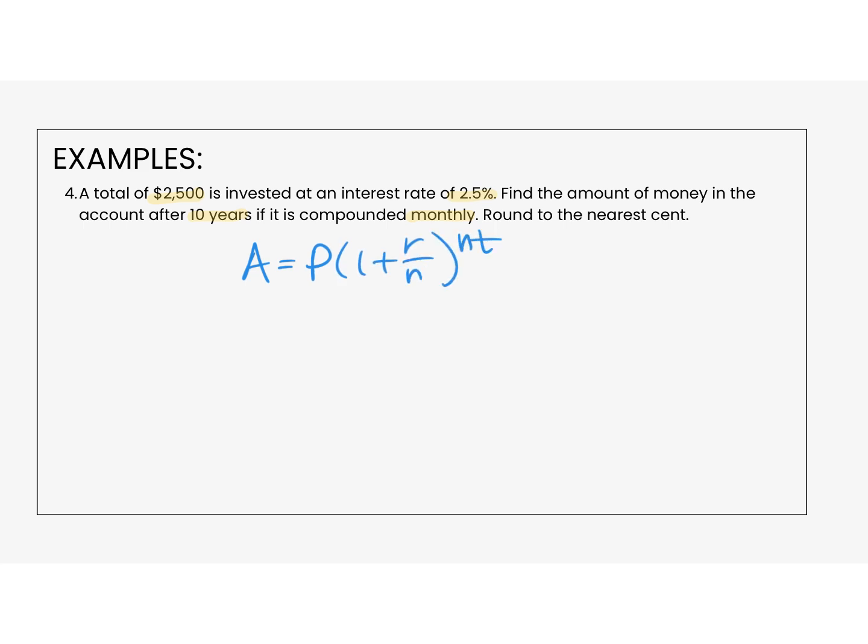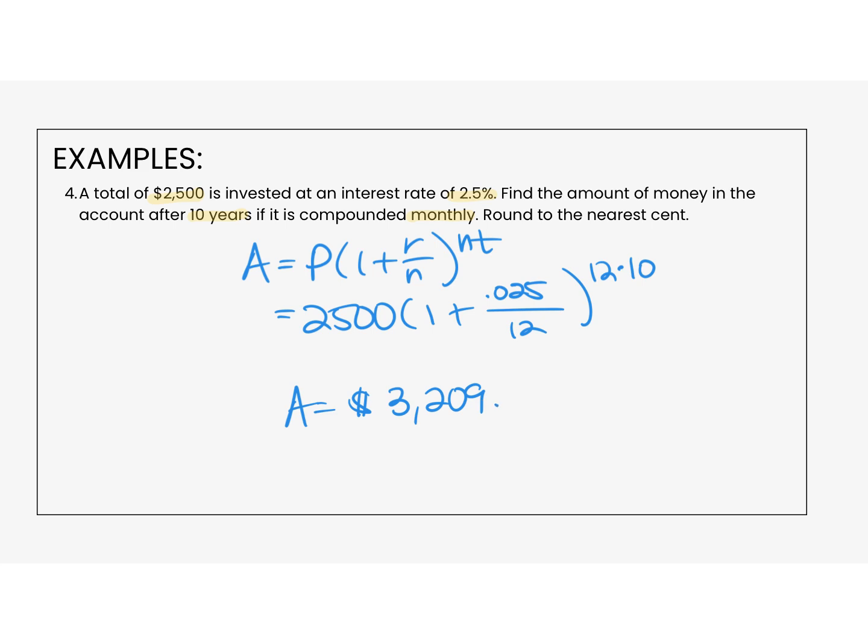This one was also the one we talked about in 6.5. So my principal is 2,500, 1 plus my rate of 2.5%. Monthly means it's compounded 12 times a year for 10 years. Okay, so I'm plugging all of that into my calculator to find that would be $3,209.23.